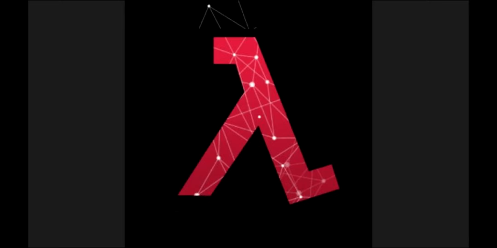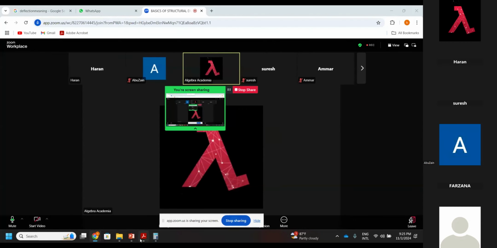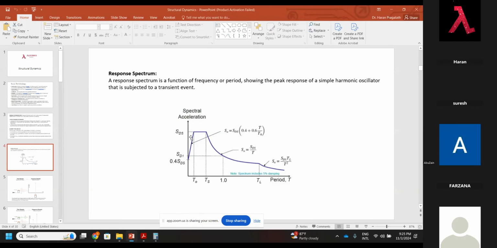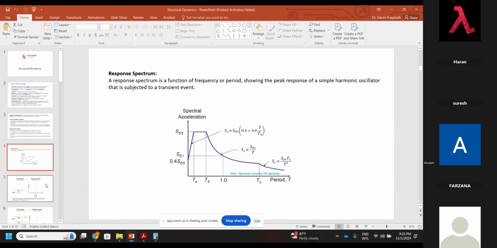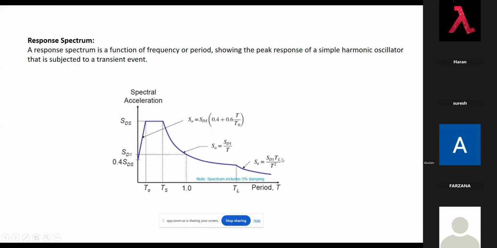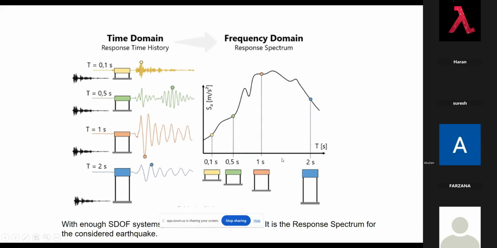Sir, I just want to share a glimpse of the next PPT. Sure, please. I'll share my screen one more time. What I have in the other PPT is this. Then I go to the response spectrum, then how the response spectrum is developed.